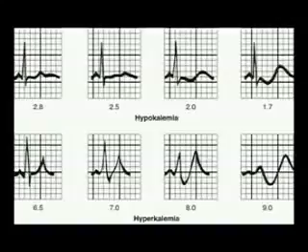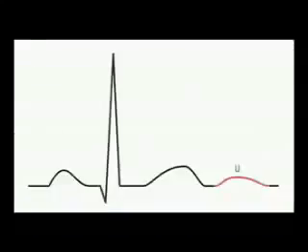Let me show you actually a clearer U wave. Just look at this EKG. In this EKG you see U wave. It comes after the T. This is characteristic of hypokalemia, that is low potassium level less than 3.5 milliequivalents per liter.